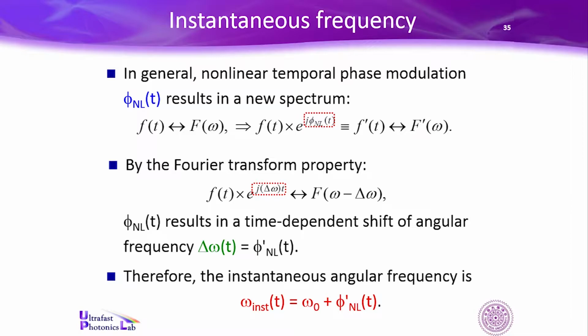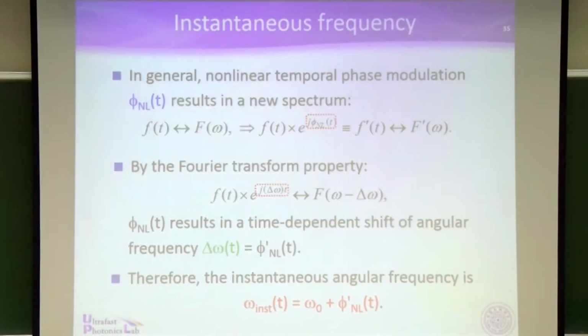As I mentioned, in general, nonlinear phase modulation will result in a new spectrum, but a useful point of view is by the Fourier transform property. We have known a frequency shift in the frequency domain is equivalent to a linear phase modulation in the time domain.